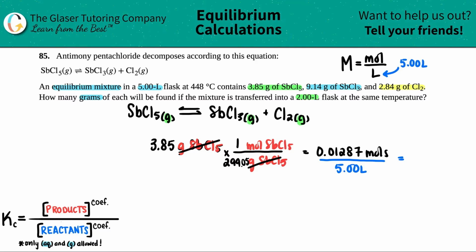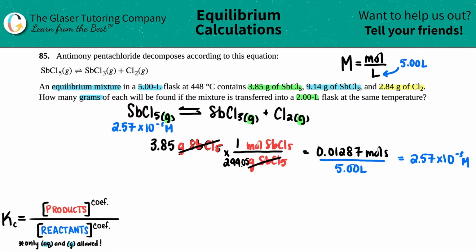So 3 sig figs. So we'll say that this is the same as 2.57 times 10 to the negative 3 molarity. Okay, and that's for this one.